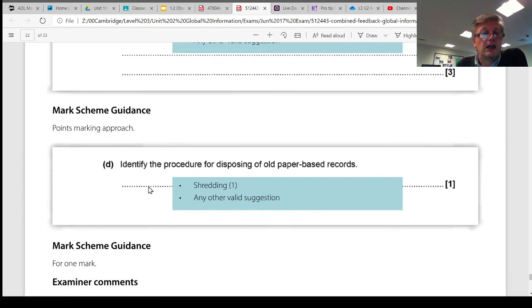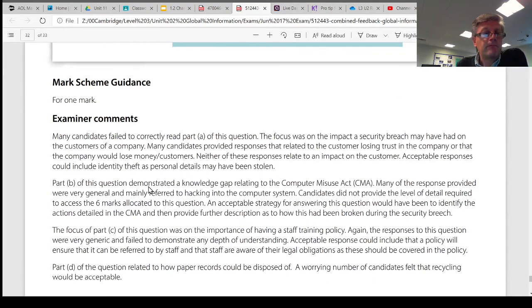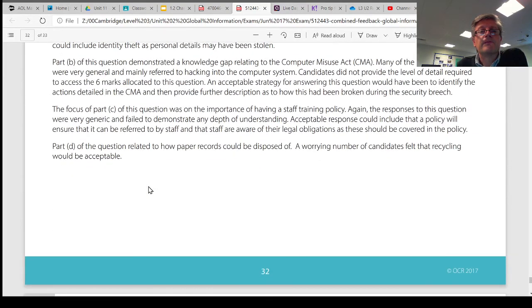Now, this particular document gives us a little bit more from the examiner. So we can see here that the focus of Part C was on the importance of having a staff training policy. Responses to this question were very generic, and failed to demonstrate any depth of understanding.